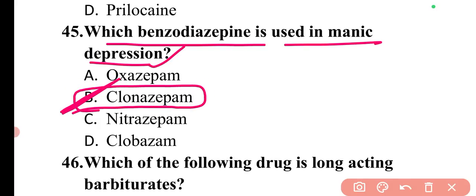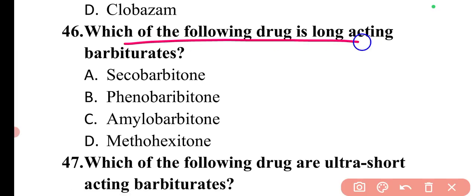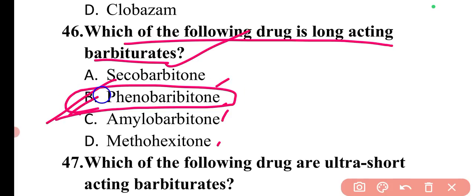So here option B is correct. Next question is, which of the following drugs is a long-acting barbiturate? So the long-acting barbiturates include phenobarbital. So here option B is the correct answer.